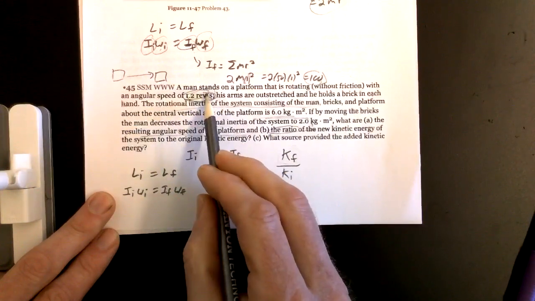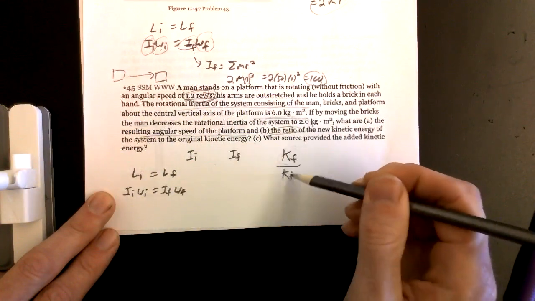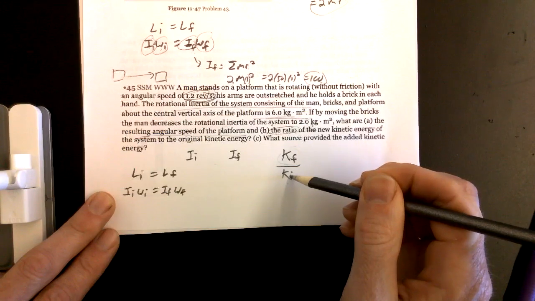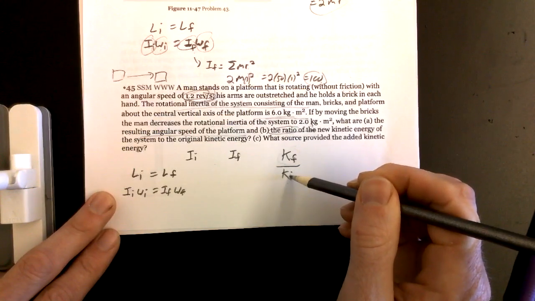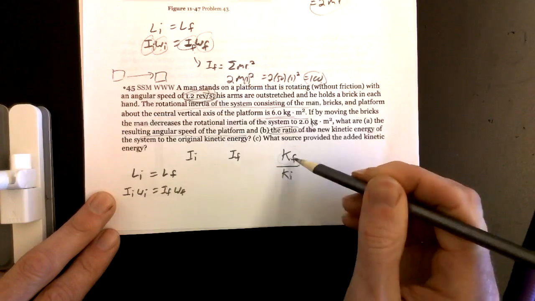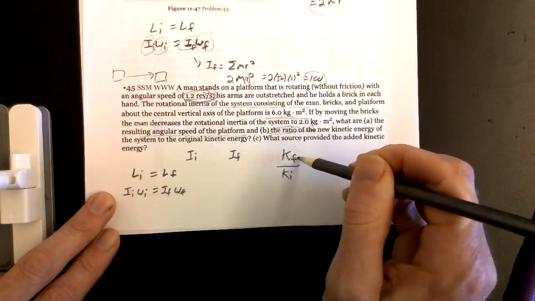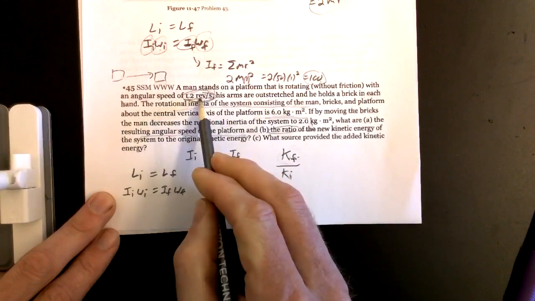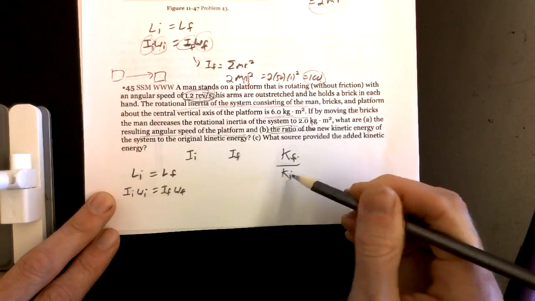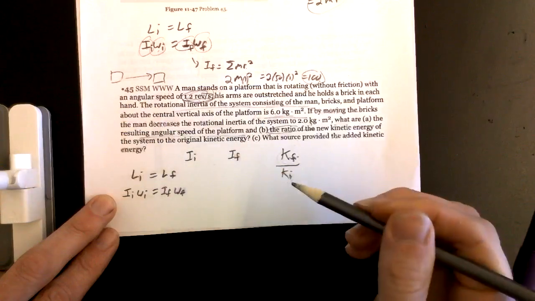I have to turn it into radians per second. But because I'm doing a ratio, those units are going to cancel out, and I'll be fine doing it in terms of revolutions per second instead of radians per second. So once again, if you're looking for the actual value for Kf or Ki, then you need to use radians per second. But because I'm doing a ratio, those units are going to cancel out.